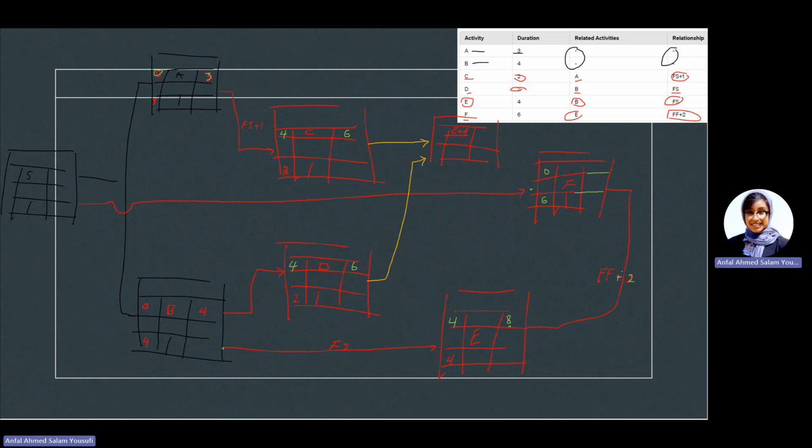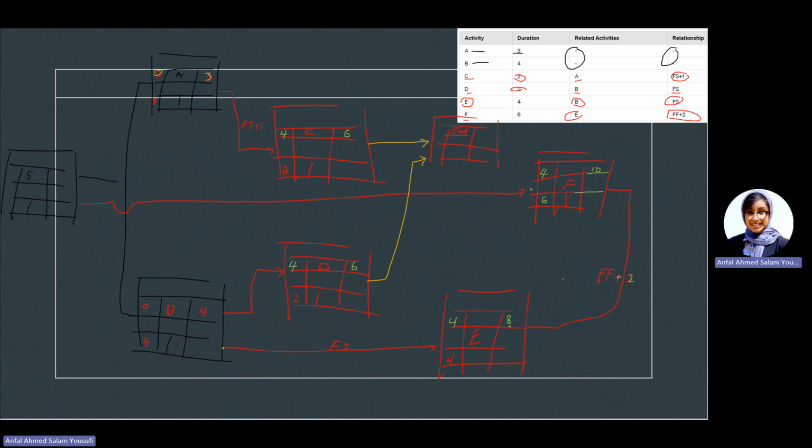Let me just erase this to avoid confusion. Okay, so I'm supposed to finish this in 8 plus 2 days. That is day 10. So how can I find the earliest start? It will be 10 minus 4 minus 6. That is 4. Hope that is clear how I got these numbers.